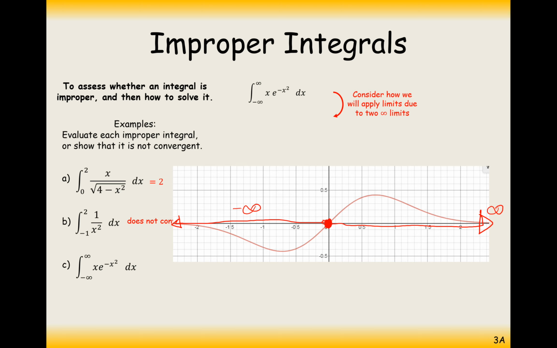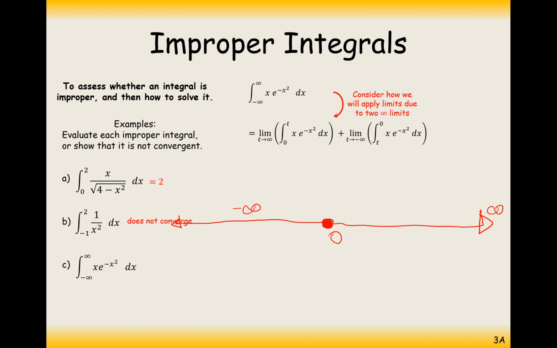It doesn't matter that I've broken up the function at 0. Sometimes it might be more sensible to break up the function at 1 or at minus 1, where there's a natural changeover from positive to negative, or anything else. So that's what we're going to do. To do this integral, we're going to go from minus infinity to infinity by breaking it into two components, one from 0 to infinity and one from minus infinity up to 0. So just like that.